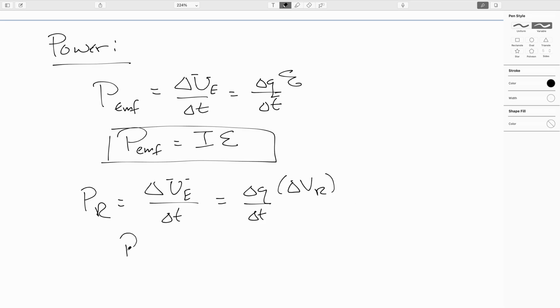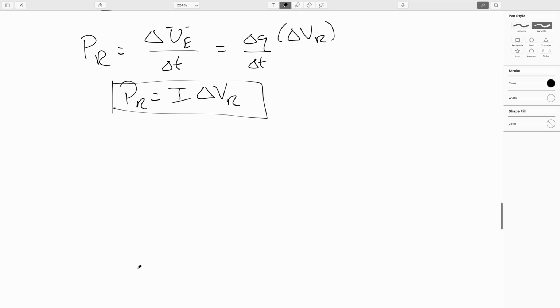So it is always correct to write that the power dissipated by a resistive device is I times delta V. Now, if the device is ohmic, we can use twinkle, twinkle, little star, delta V equals I times R to give us that it's also I squared R or delta V squared over R. And honestly, I use all three of these roughly equally.